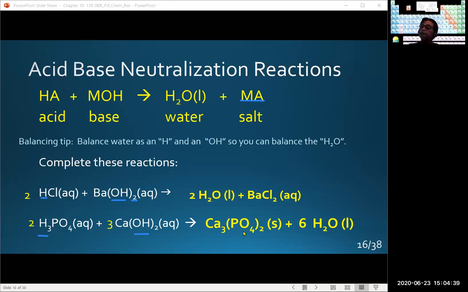All right. Now, ask the question here, why, and then I'll stop it up here. Why did we put a solid for calcium phosphate? Anybody know why that would be the case?